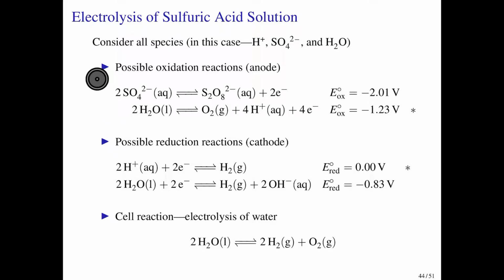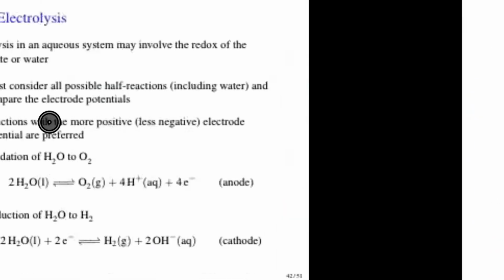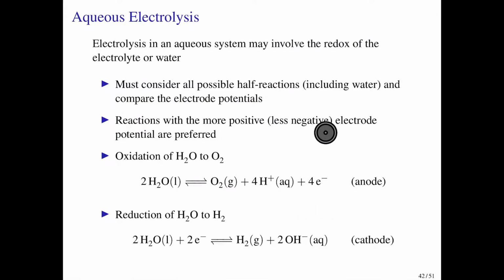For the anode, there's one slight difference, and it has to do with a subtlety involving the difference between the electrode potential versus the reduction potential. They're not quite the same thing. For the cathode, the electrode potential is the reduction potential, but for the anode, the electrode potential is the oxidation potential, which is minus the reduction potential.